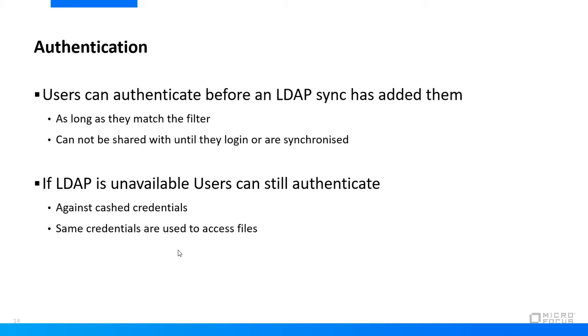Something else to bear in mind is that if LDAP is unavailable, users can still authenticate to the system if they have already successfully authenticated to LDAP in the past, and that will go against cached credentials that we have in the database, and of course, yes, they are encrypted in there. Those same credentials are used to access the file system, so if they haven't changed their password after logging in for the previous time, then they'll still be able to access files.